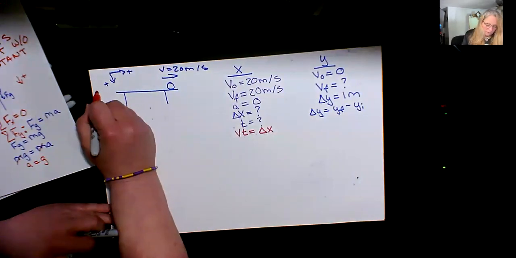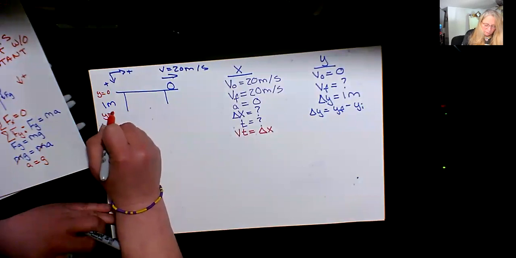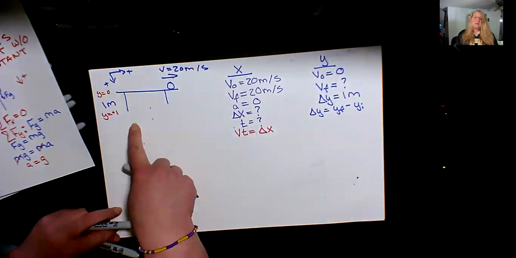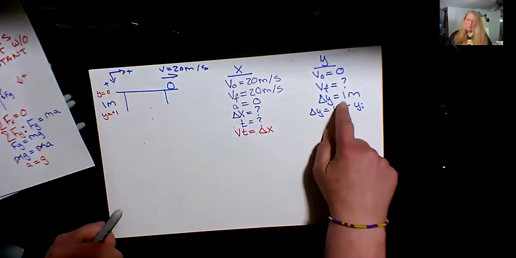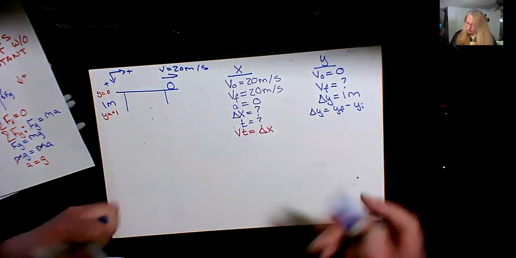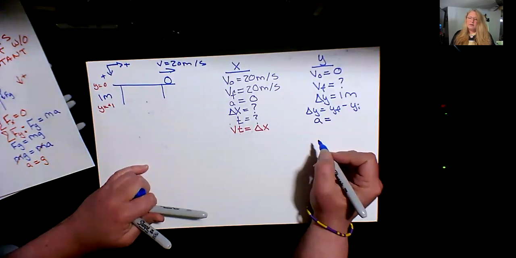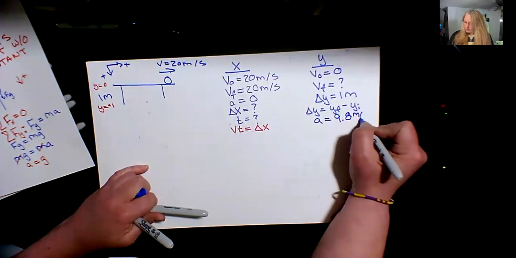So this would be y equals 0, and this would be y equals positive 1, because I've defined this as essentially my up. I flipped it upside down. So my delta y is a positive value, just the same as my acceleration going down, I've defined as positive. So that is a positive 9.8 meters per second squared.